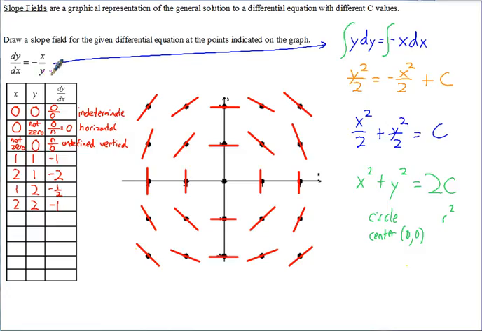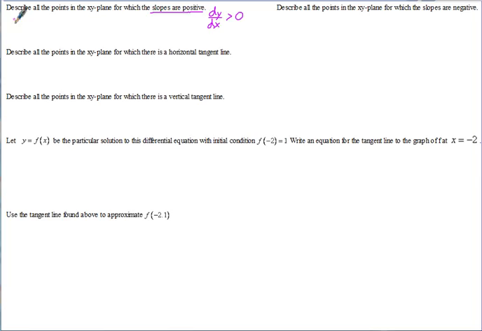So the way you can say that is all points such that x is greater than 0 and y is less than 0. That's one possibility: x coordinates positive, y coordinates negative. Or the other possibility is x is less than 0 and y is greater than 0. So x is negative and y is positive. So one of them must be negative.